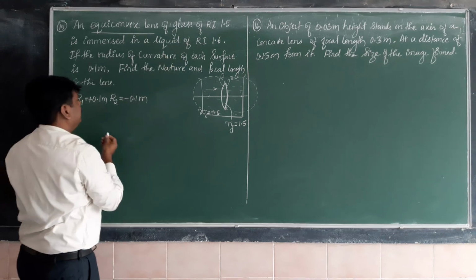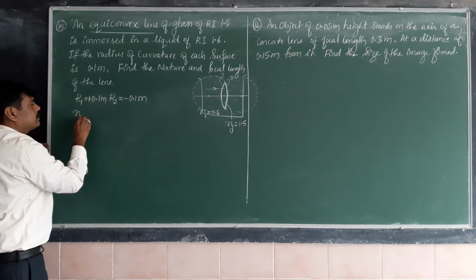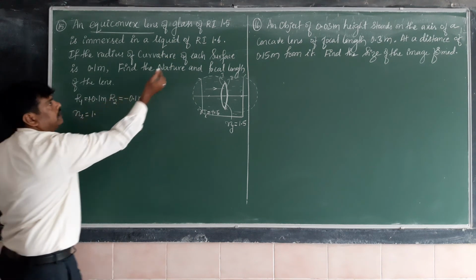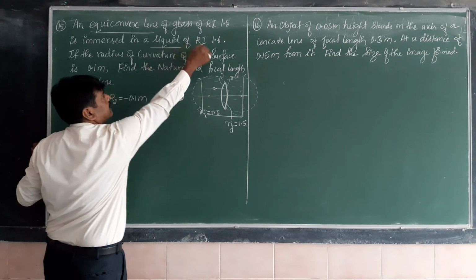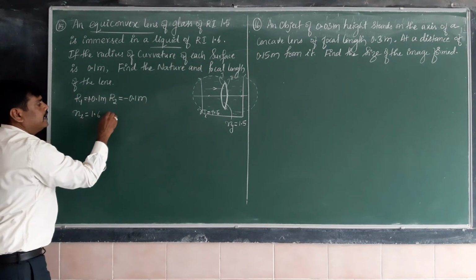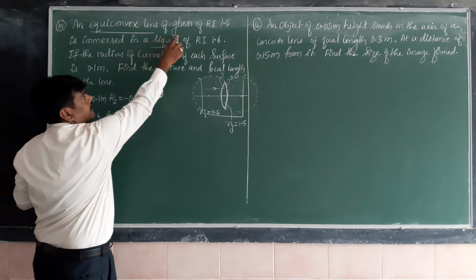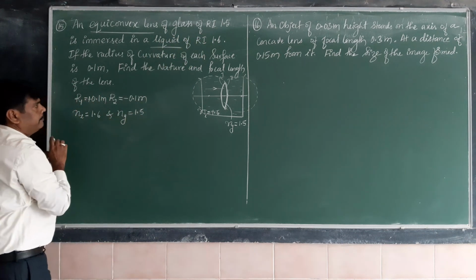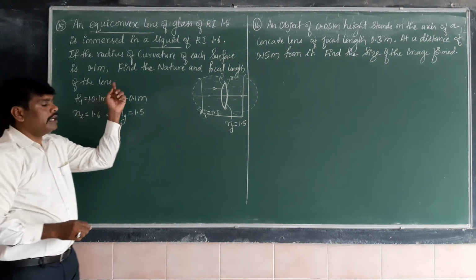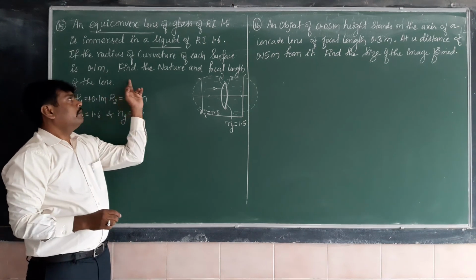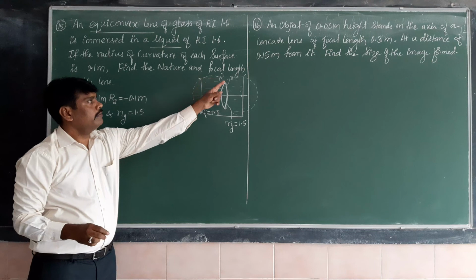And both the refractive indexes are given. Refractive index of liquid is equal to 1.6, and refractive index of glass is 1.5. See what we need to calculate in this problem, that is very important. Find the nature and focal length.